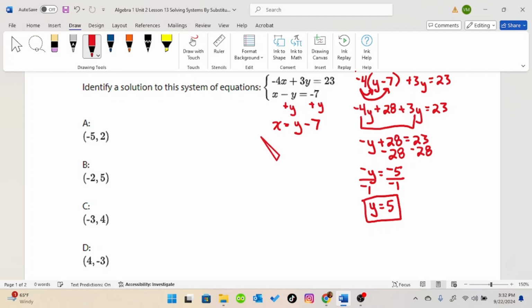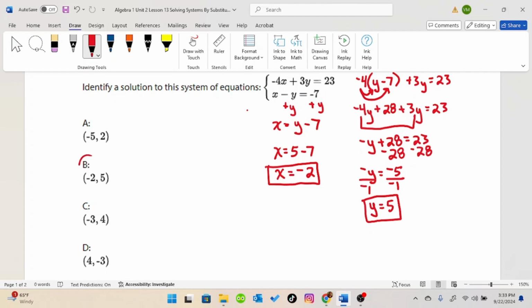So this becomes x equals, instead of y, we're going to use the value that we just calculated, which is 5, minus 7. And 5 minus 7 equals negative 2. So now we know the value of x is negative 2, the value of y is positive 5.